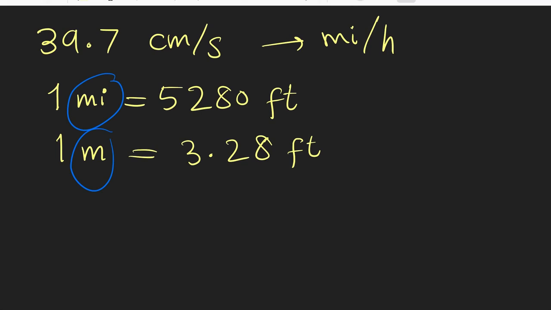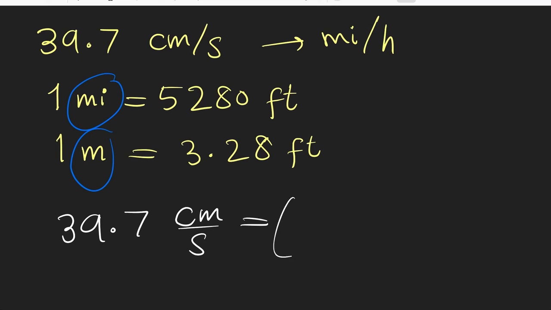Now let's see how we can convert this to miles per hour. 39.7 centimeter per second is equal to, I write it again, 39.7 centimeter per second, and I should multiply this by factors of 1.